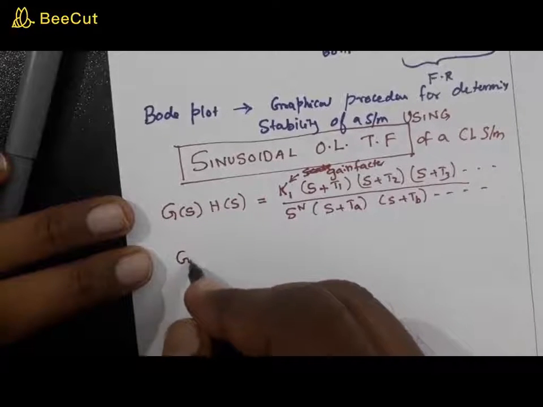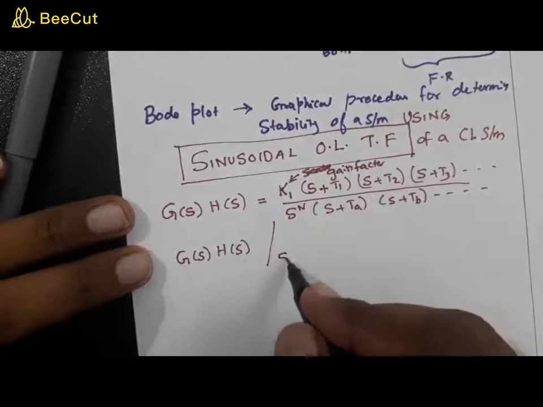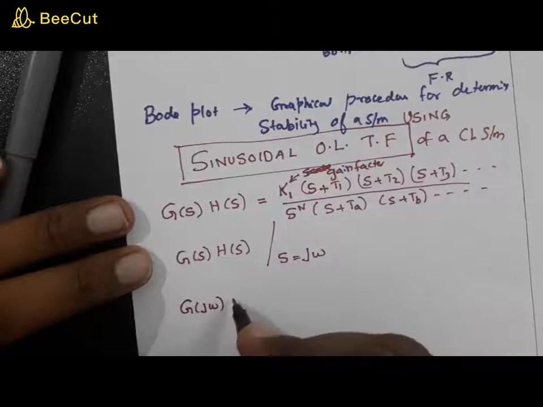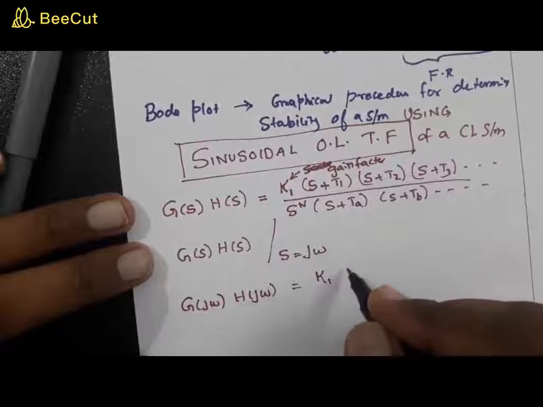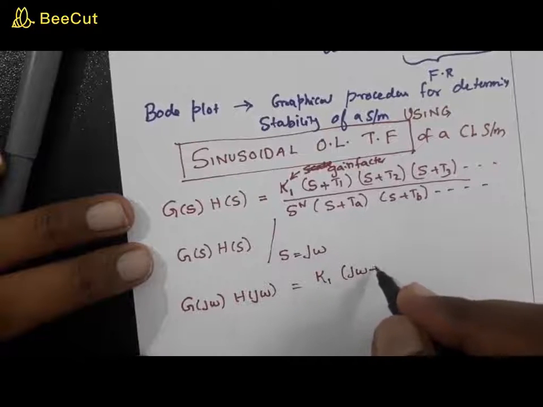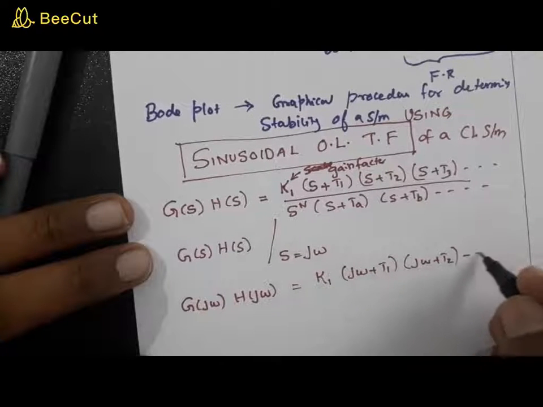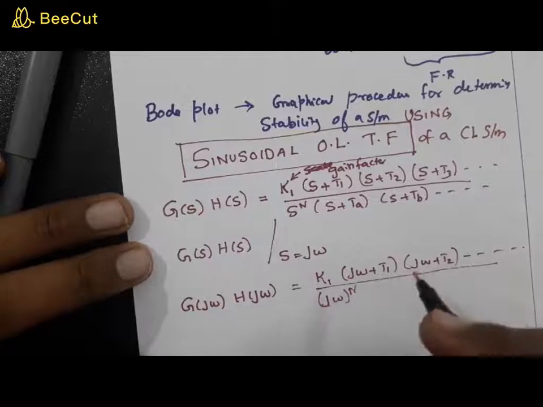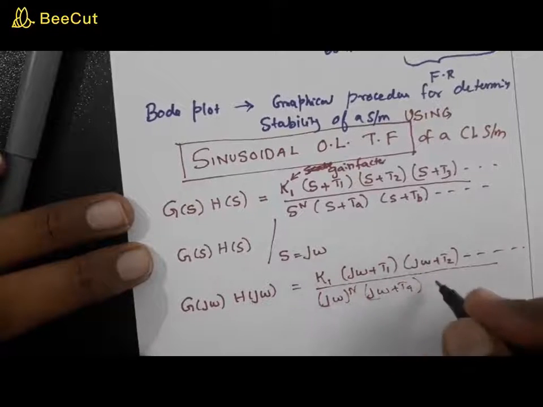It is nothing but putting s equal to j omega, so that the sinusoidal transfer function becomes G(j omega)H(j omega) equals K1 into (j omega plus T1) into (j omega plus T2), etc., divided by (j omega) raised to n, into (j omega plus Ta) into (j omega plus Tb), and so on.